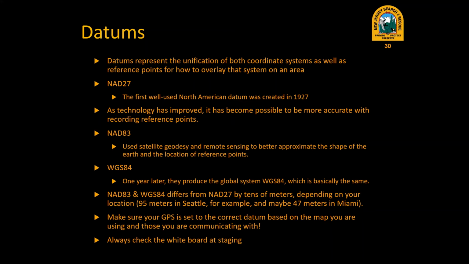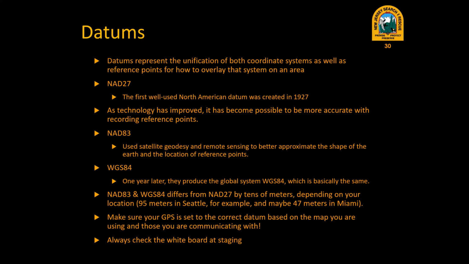This is important because oftentimes on drills, we might practice switching between NAD 27, NAD 83, WGS 84, so that we know how to do it when we encounter an old map that, say, somebody out there was using to find mines or whatever it is.